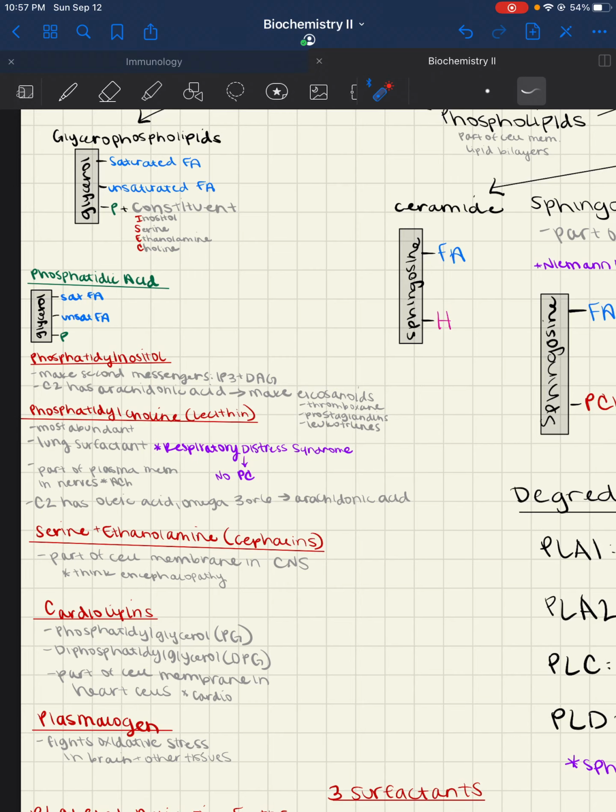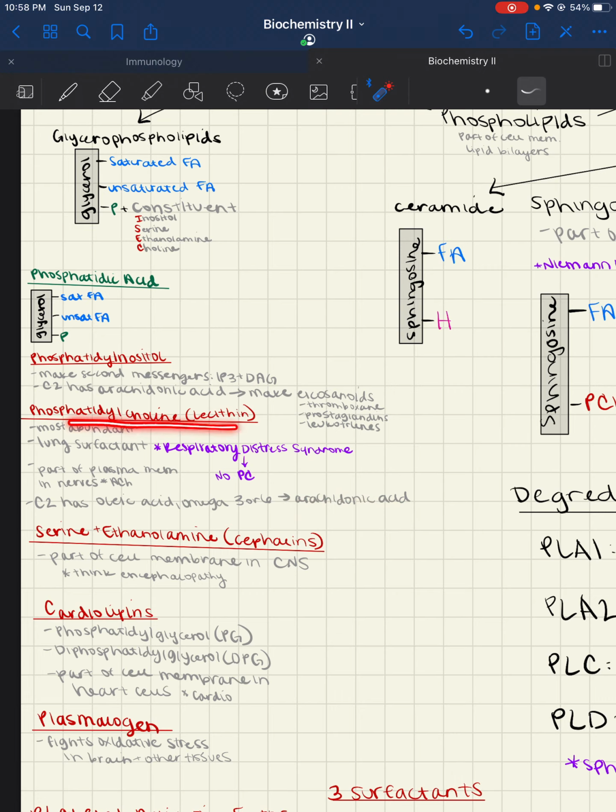Phosphatidylcholine, I always think of acetylcholine, which makes me remember that phosphatidylcholine is part of the plasma membrane in our nervous system. And the carbon 2 of phosphatidylcholine has oleic acid, omega-3 or omega-6, which is turned into arachidonic acid.